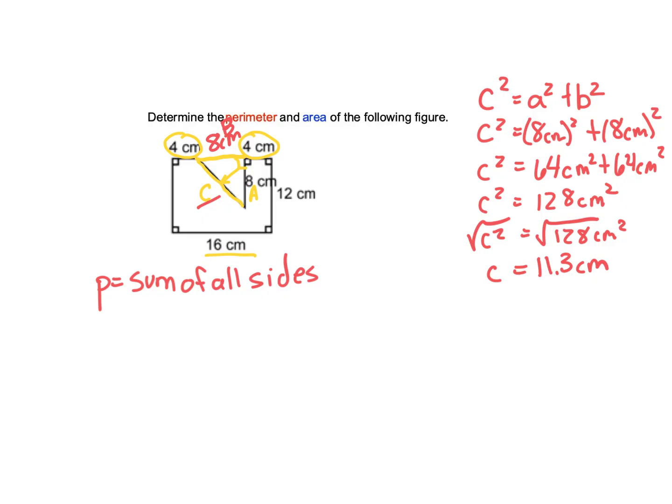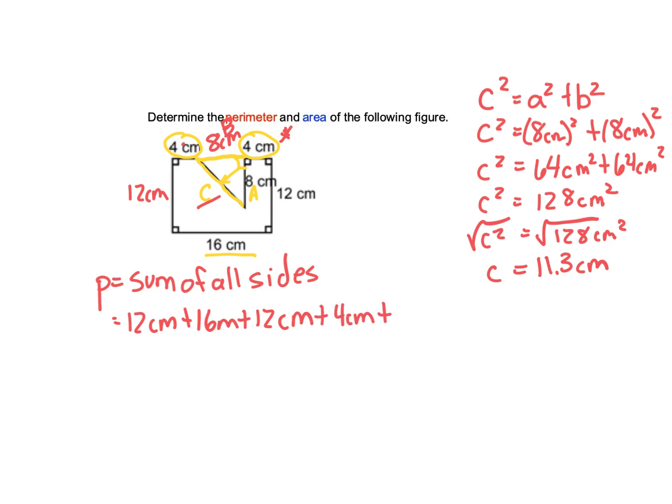So let's start here and work our way around. We'll have 12 centimeters. The bottom is 16 centimeters. This side would be 12 because it matches up with the other. We have 4 up top.